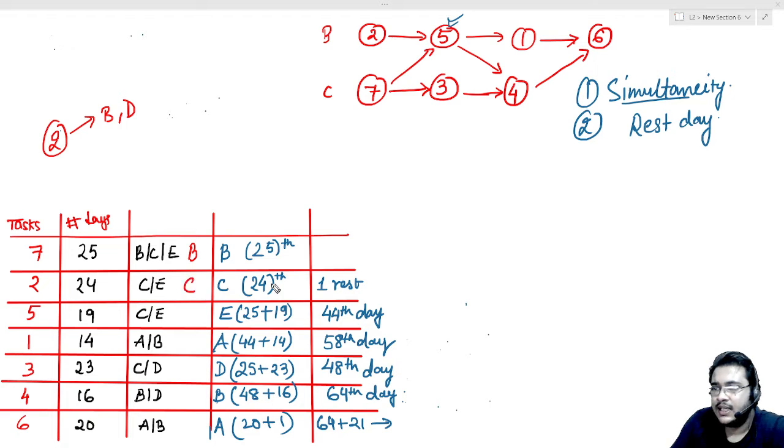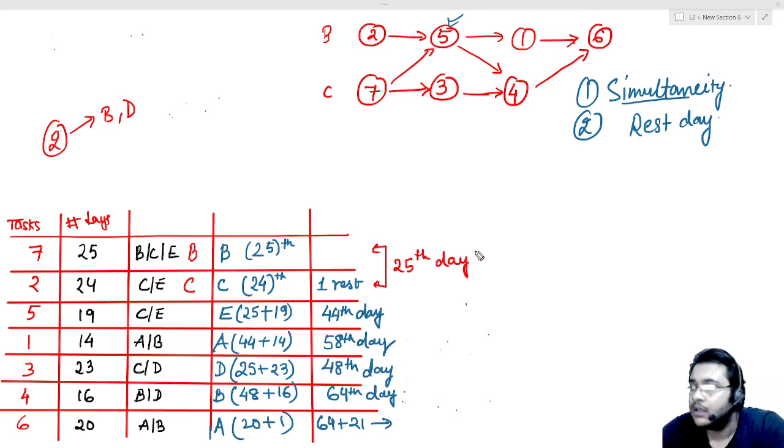So B and C, and the task will get completed in 25 days. So the 25th day is the maximum that this will go. What about task 5? The moment the 25th day is completed with B, C can come in for the 5th task.